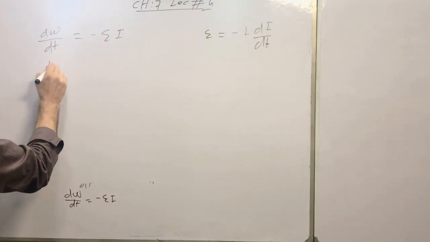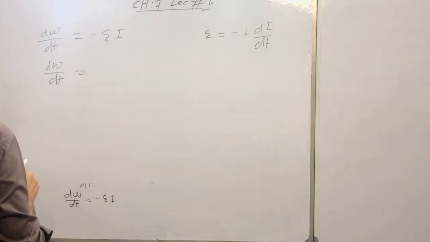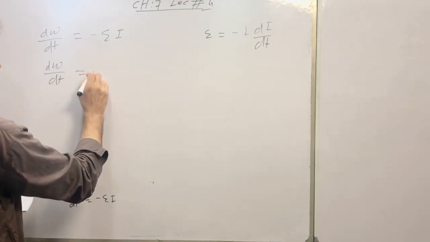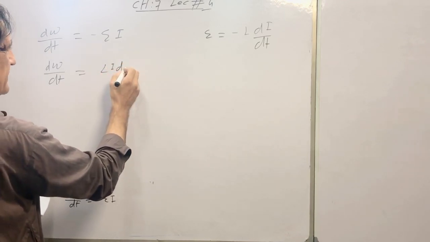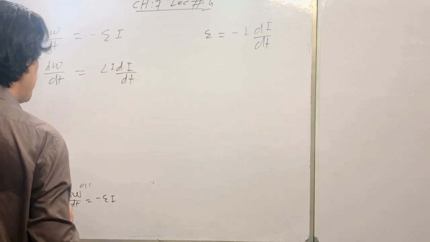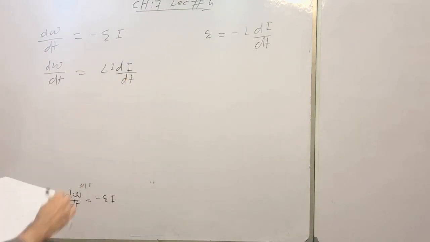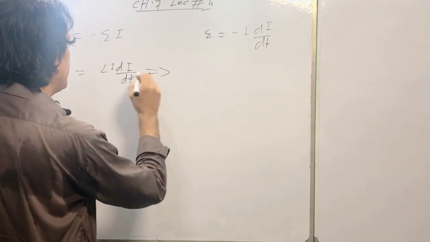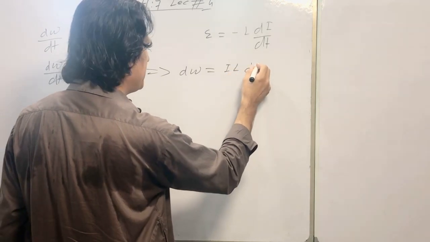Putting the value of EMF here, the minus signs will cancel each other, and I can write L I dI divided by dt. Look at this equation: if I cancel out this dt with this dt, then we have dW equal to L I dI.